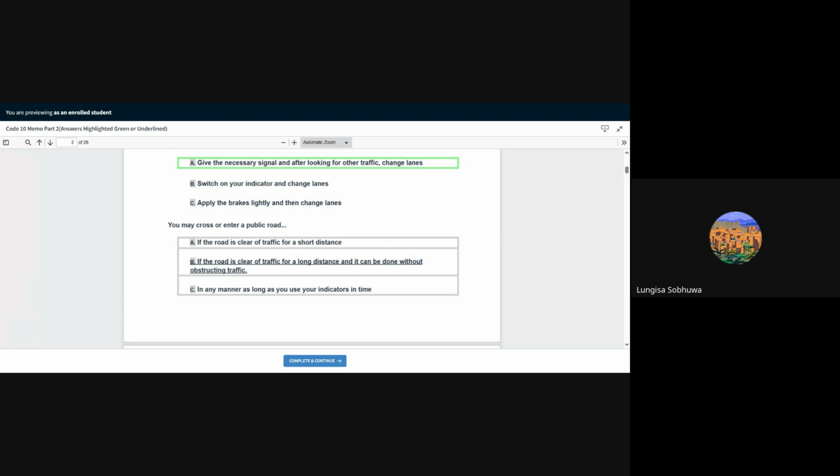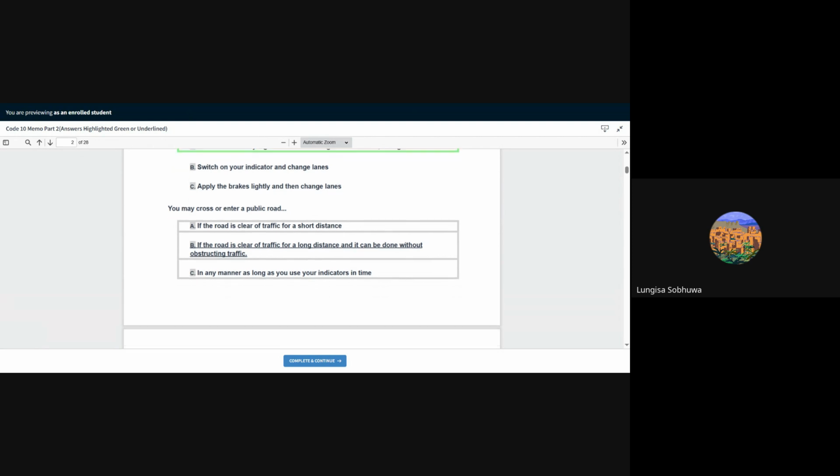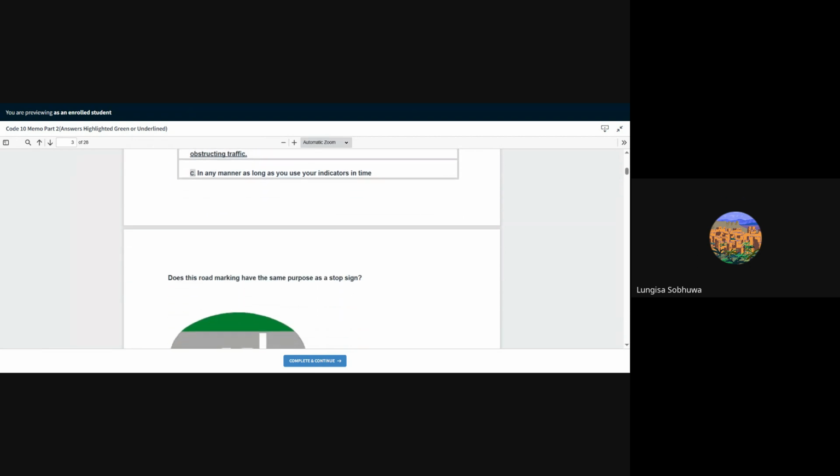C says, in any manner, as long as you use your indicators in time. So the correct answer in this case is option B, if the road is clear of traffic for a long distance and it can be done without obstructing traffic.